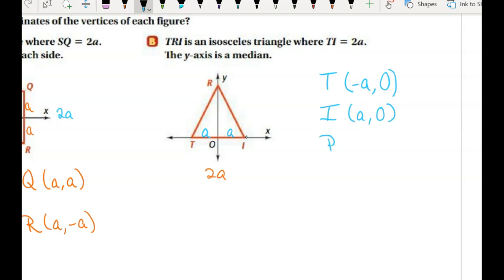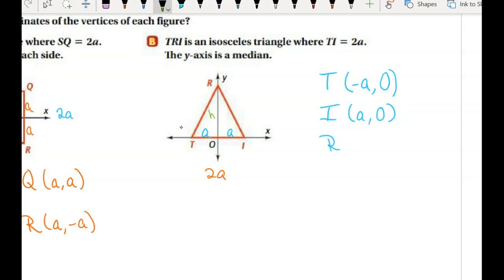Now R is the one that may stump you, because they didn't give me a variable for this. That's okay. I can give it one myself. So I'm going to call this distance h.